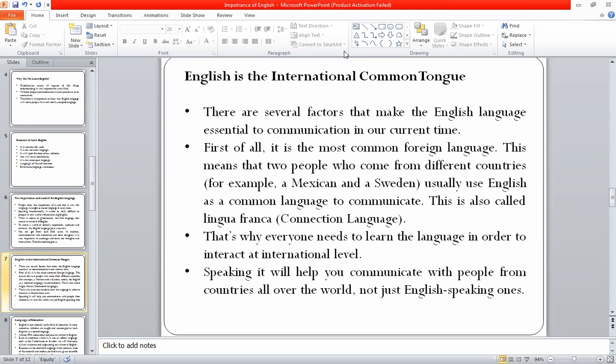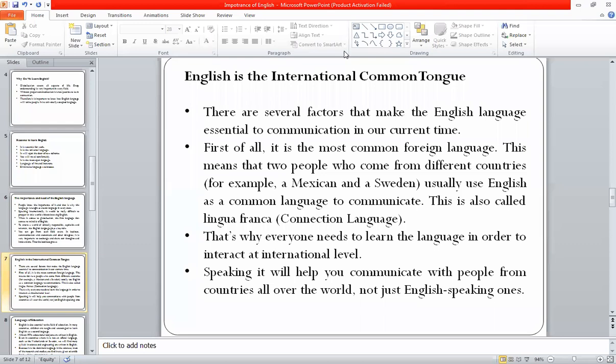Then the next is, first of all, it is the most common foreign tongue. This means that two people who come from different countries usually use English as a common tongue to communicate. This is also called lingua franca. What is lingua franca?